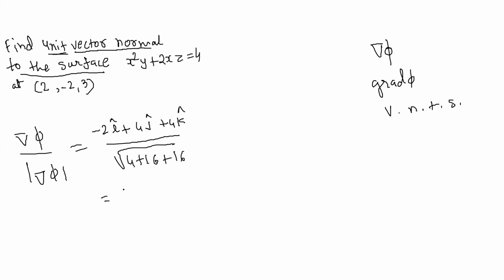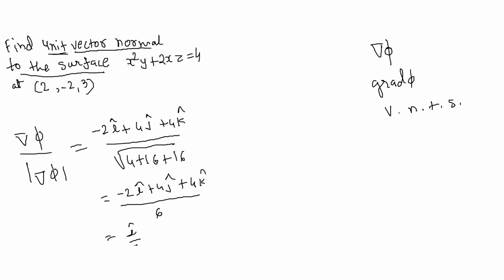So it's minus 2i cap plus 4j cap plus 4k cap upon 32, 4, 36, root 36, which is 6. So minus 2 by 6, so minus 1 by 3.